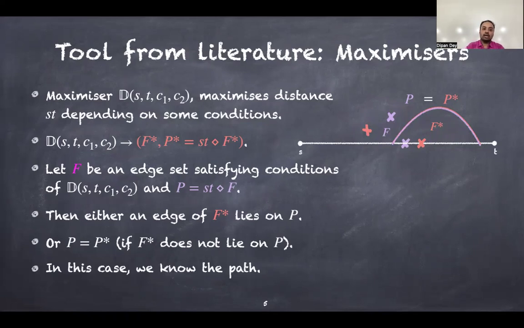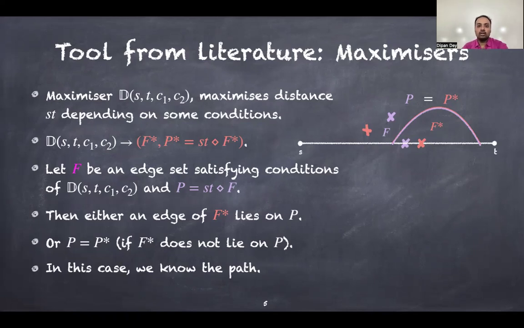If we find suitable conditions C1 and C2 which are satisfied by F, and depending on those conditions we get the particular F star and the path P star, then we know that either F star contains one edge on the path P, which we are trying to find, or if it does not, then P is equal to P star. This particular maximizer tool will help us in this way.